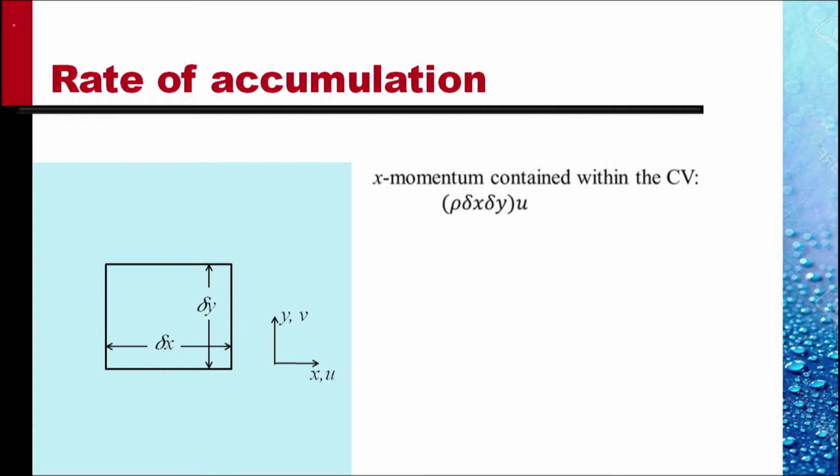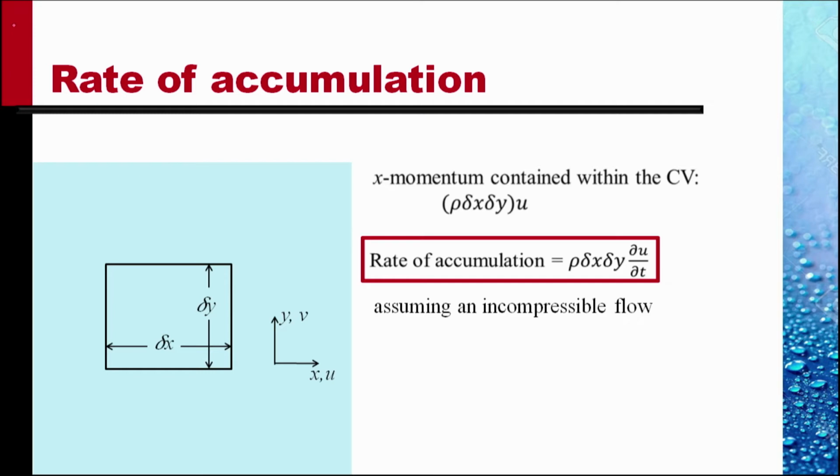So rho delta x delta y into u is the x momentum contained within the control volume. The rate of accumulation is obtained by taking the partial derivative with respect to t, and this gives you rho delta x delta y into del u by del t, assuming an incompressible flow.